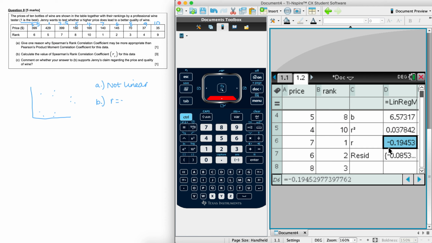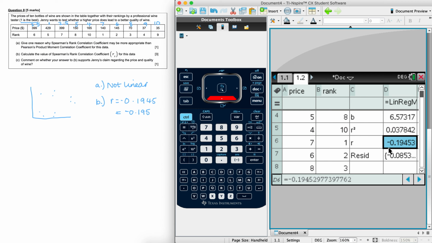So R is equal to minus 0.1945. Or to 3 significant figures, that's minus 0.195. Okay, so very little correlation as we thought.